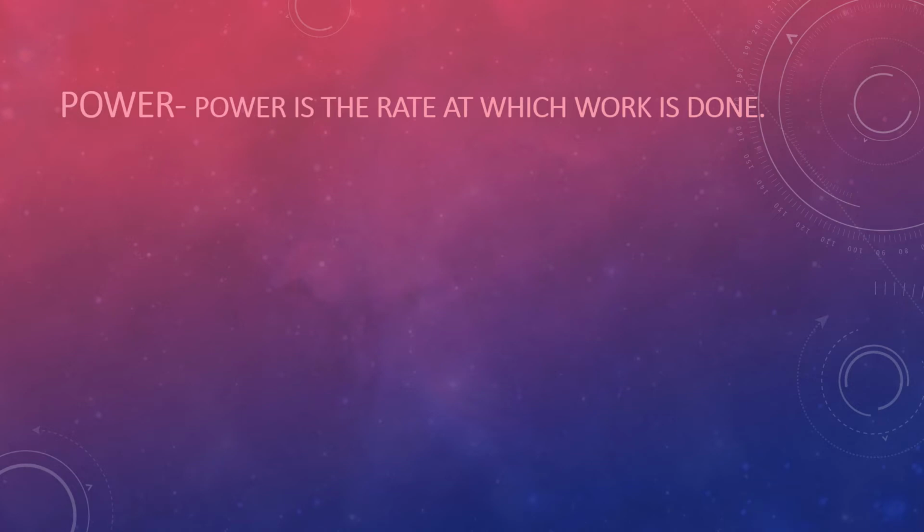Since Ranjit is walking, he cannot reach first. Rajasri went by car, so she will reach there first and Ranjit will reach there last. So now these are all examples which are related to power.